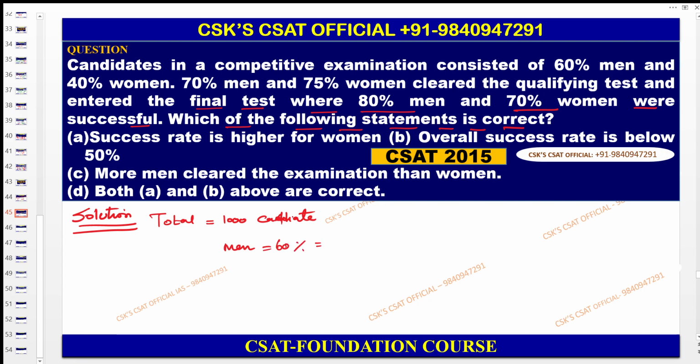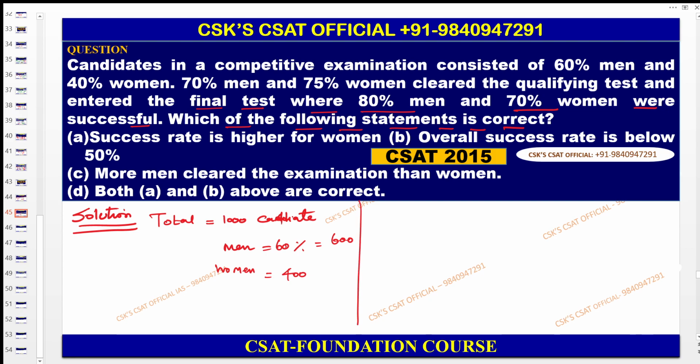So 60% of 1000 here is 600. Then women, the rest is 400. That is 40%.